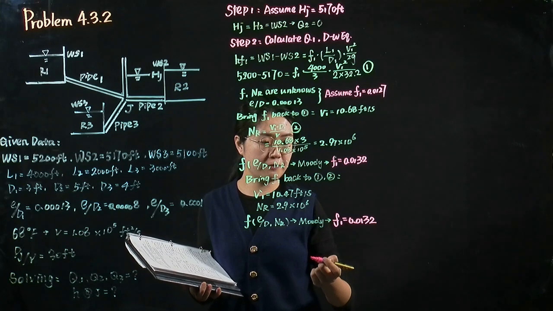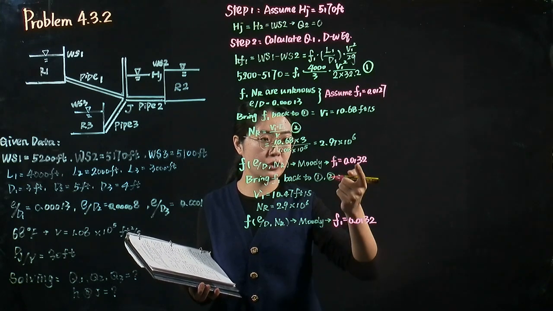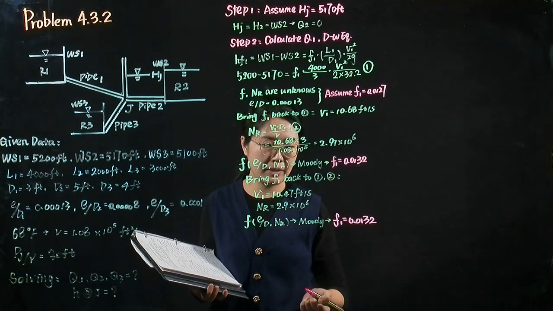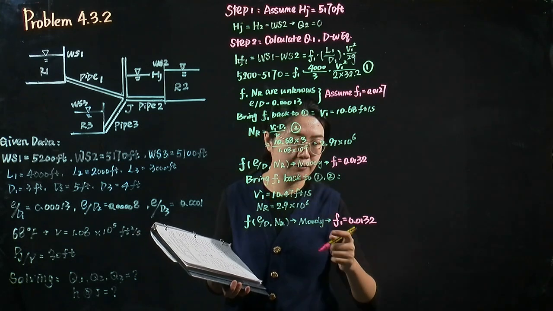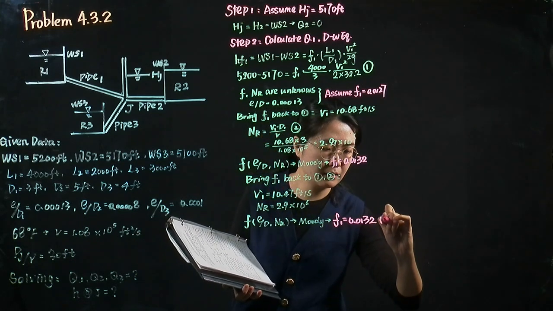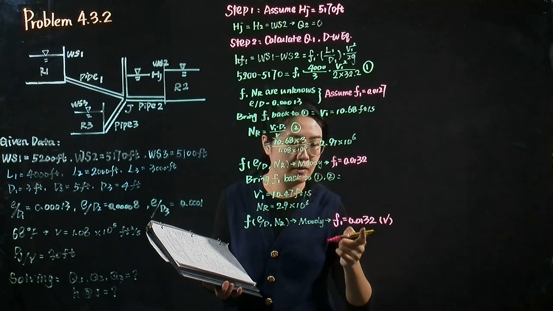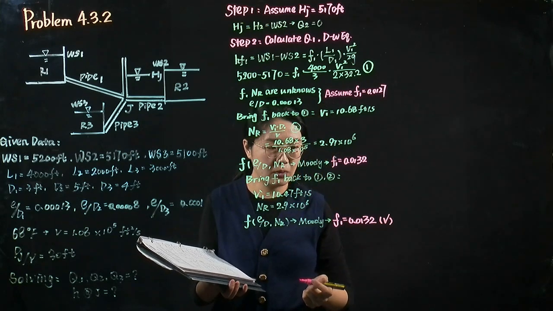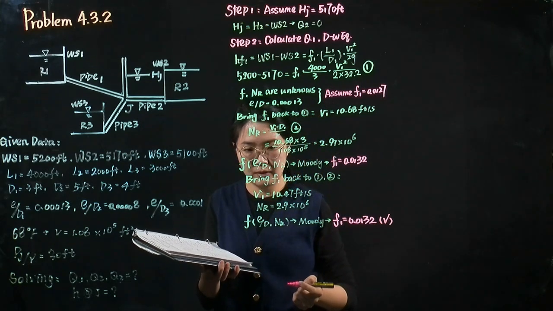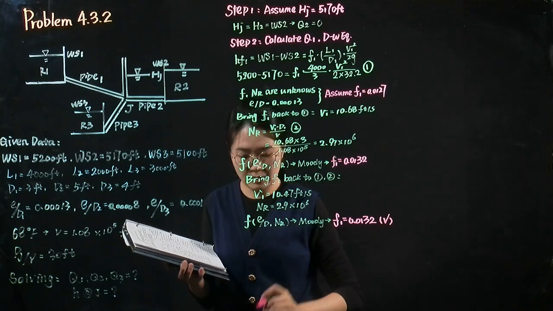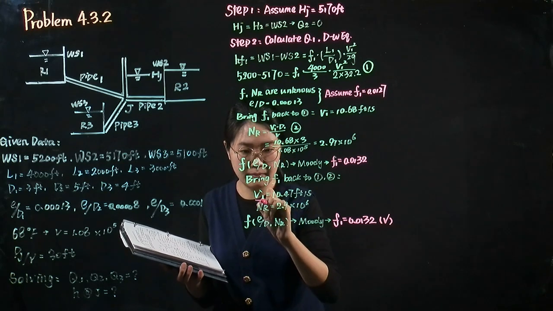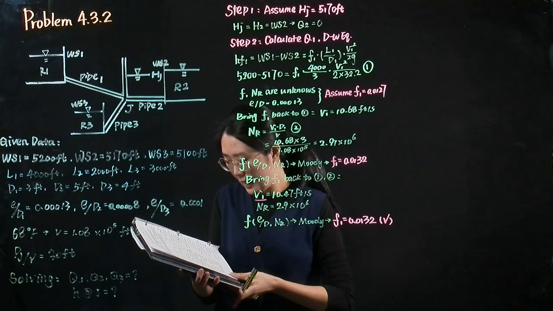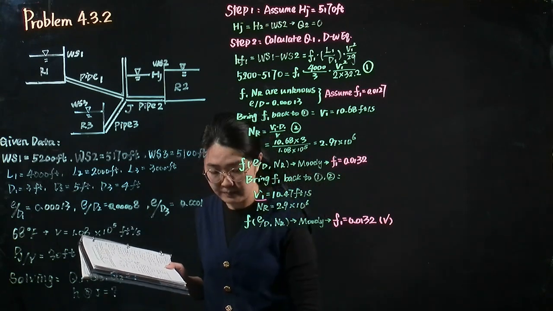Because our friction factor in the pipeline converges to a stable value, we can conclude that the friction factor equals 0.0132. Then we can use the velocity here to calculate the flow rate.